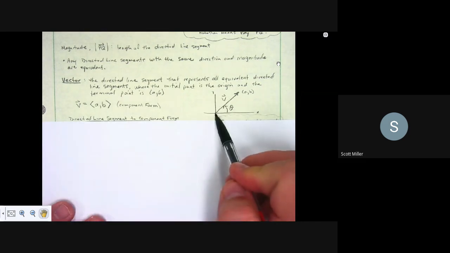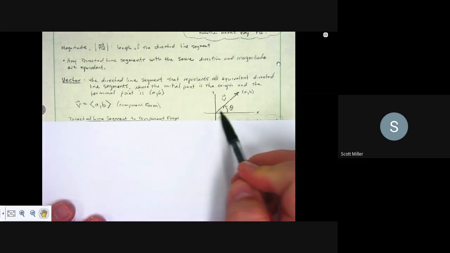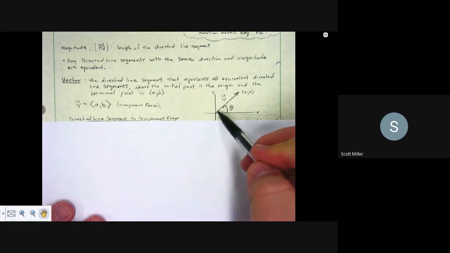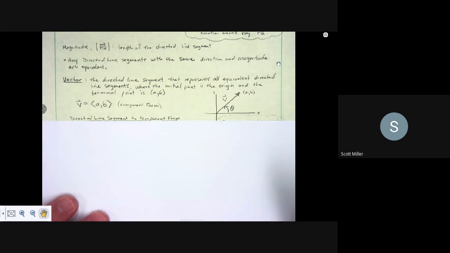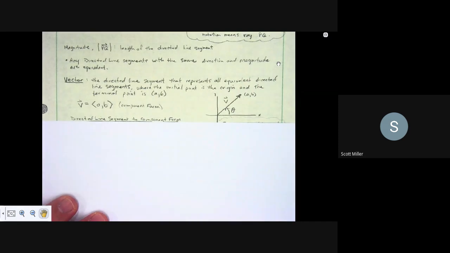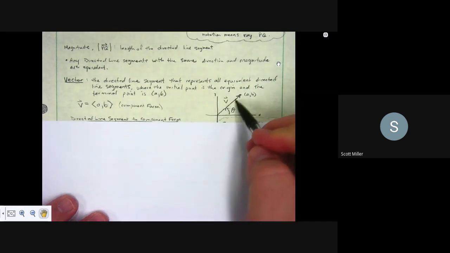And when you see those brackets, it means this is a vector, and that is the terminal point of the vector, and the initial point is at the origin. Since all directed line segments that have the same direction and the same length are equivalent, then we use this vector, which is in standard position, represents all of those in the entire coordinate system that have these exact same parameters.